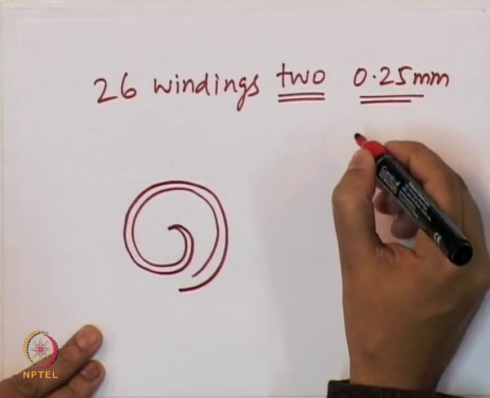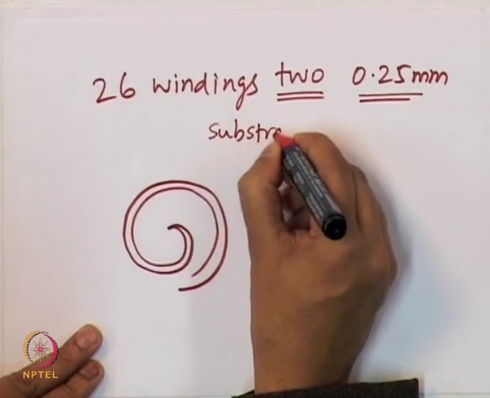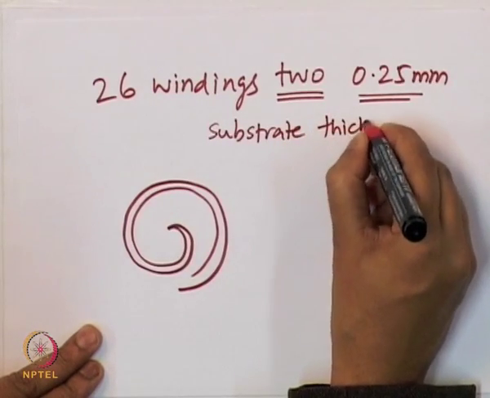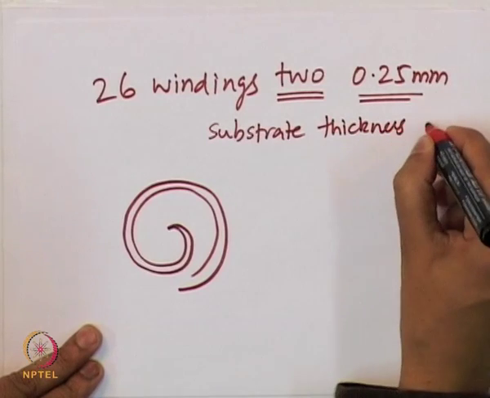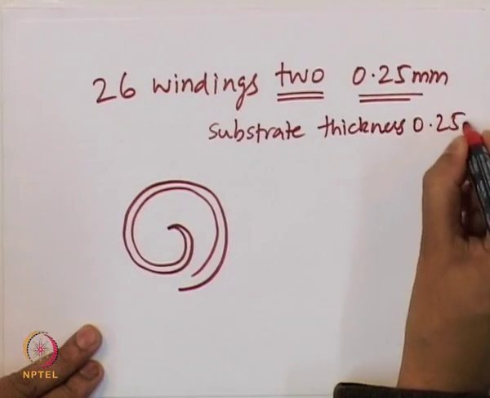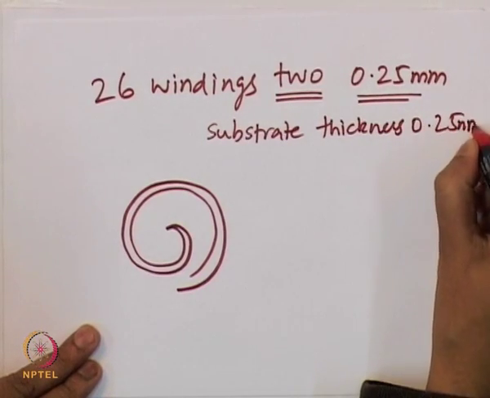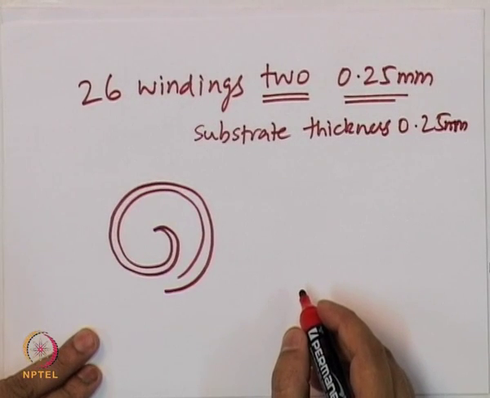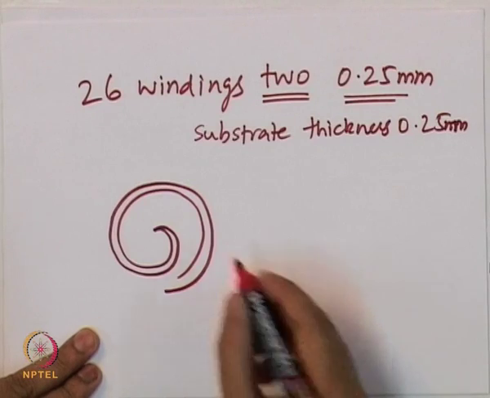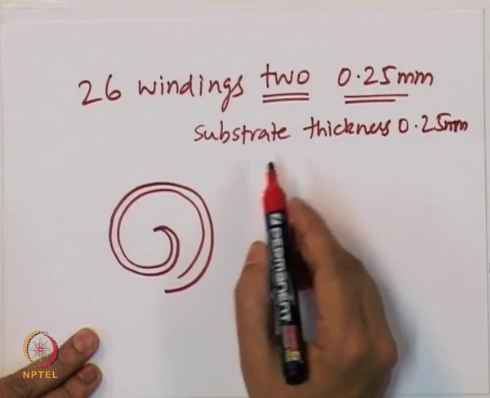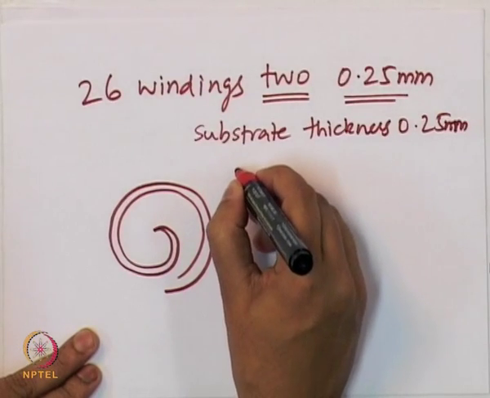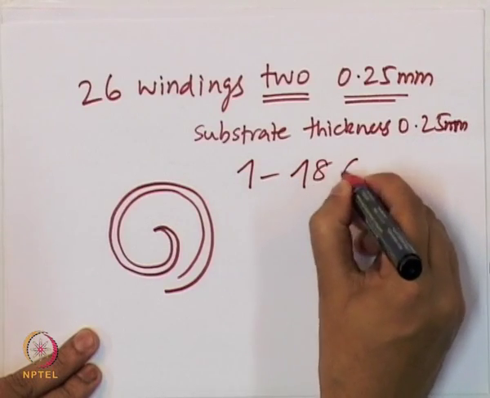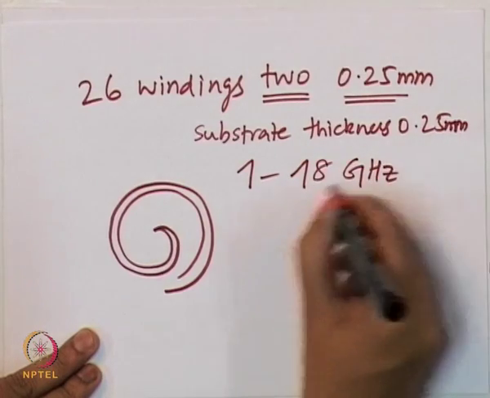The second thing is the substrate thickness, which is also 0.25 mm. And we are talking about a range of operating frequency of 1 to 18 gigahertz.